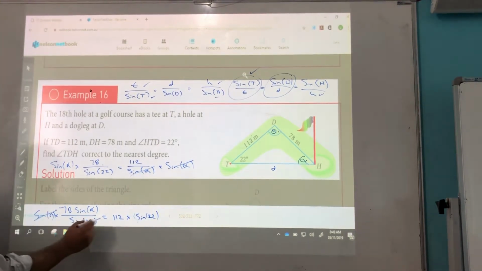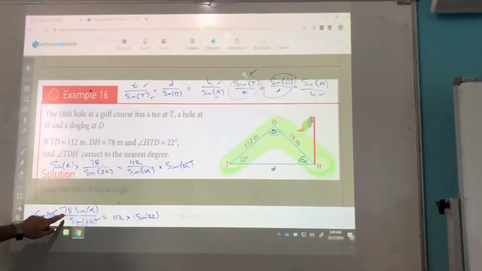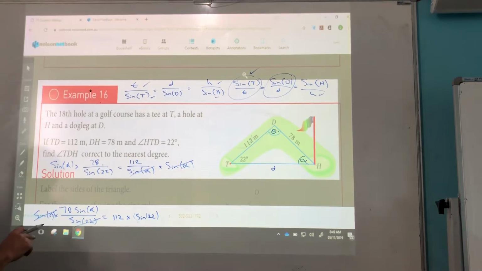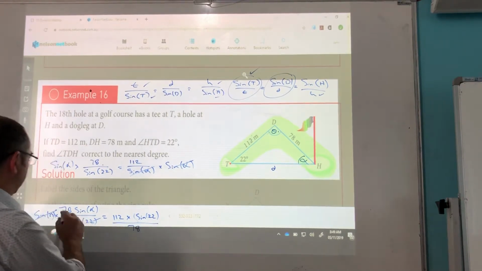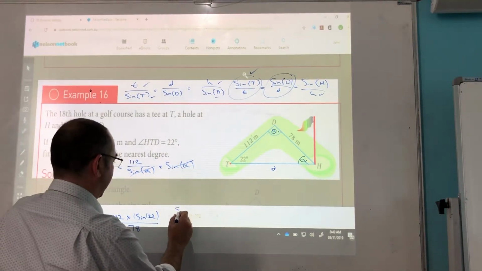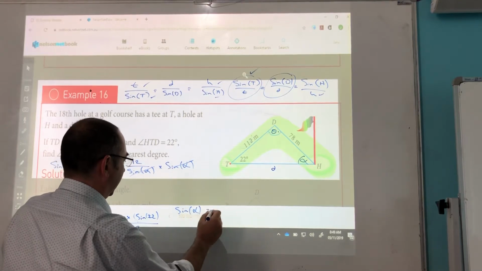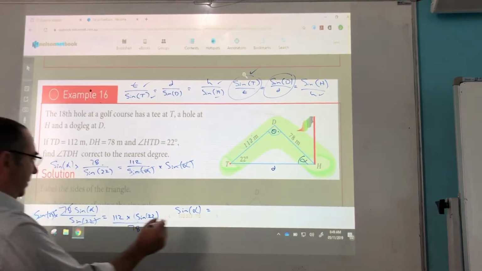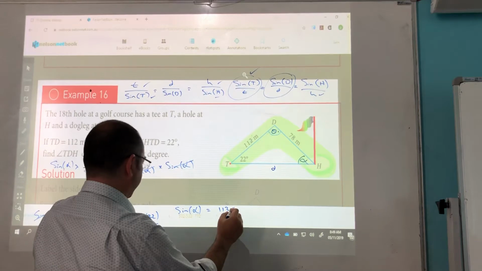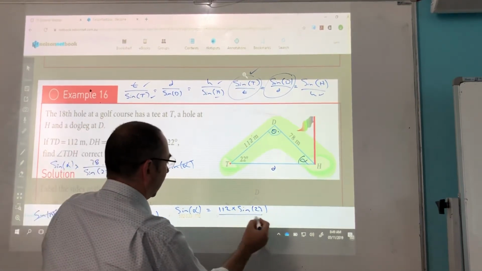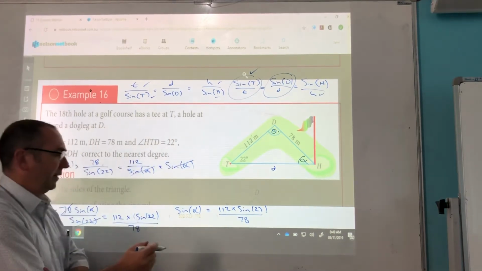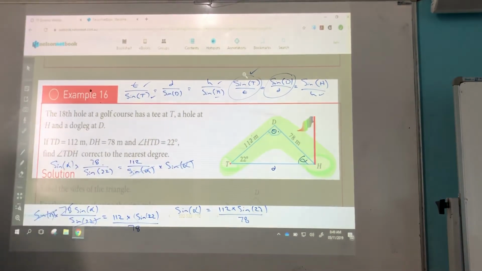It's going to cancel on that side, and I've got 78 sine alpha. I just want sine alpha by itself, so I'm going to divide both sides by 78. That should get me sine alpha equals 112 times sine 22 over 78. Now we should be able to get a value for that, so that's what I'm going to do next.